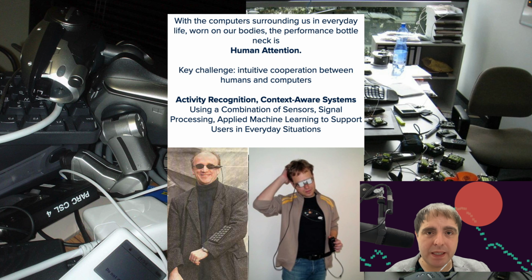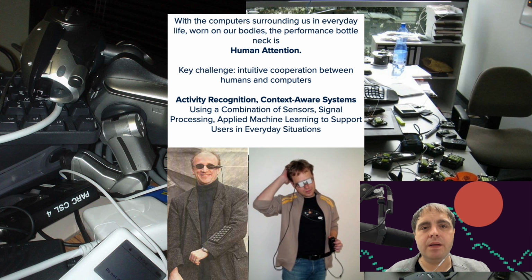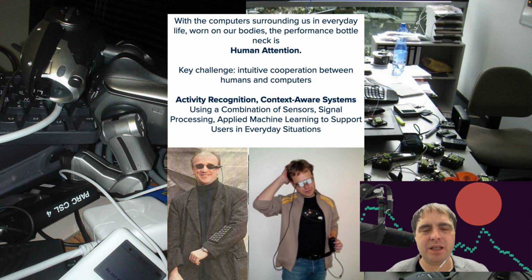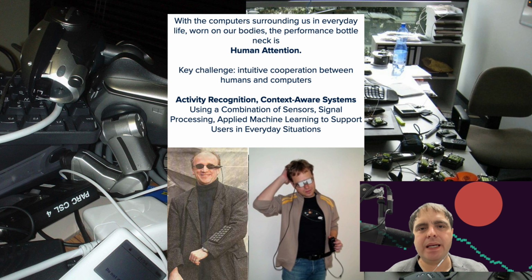Well, what does this mean? You're not controlling all of the computers with a direct interface anymore, but computing becomes proactive. It understands what the user is doing in the environment.